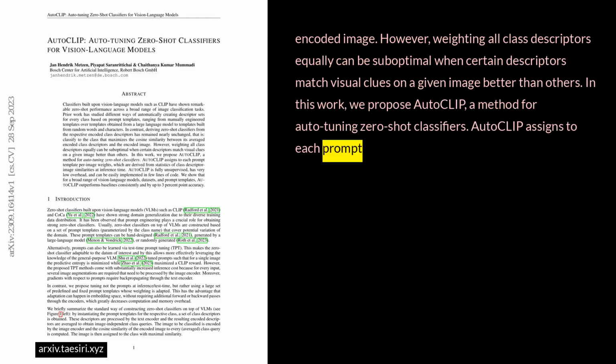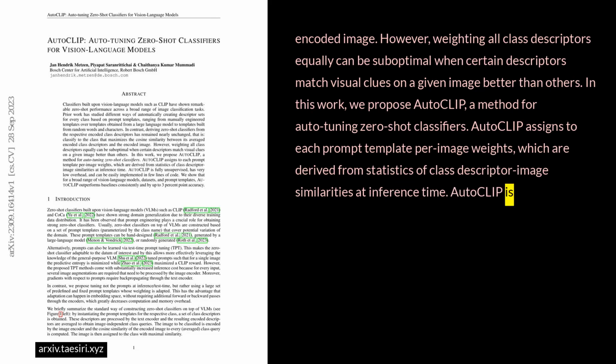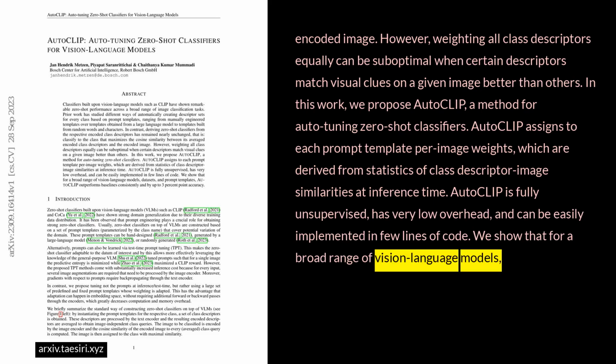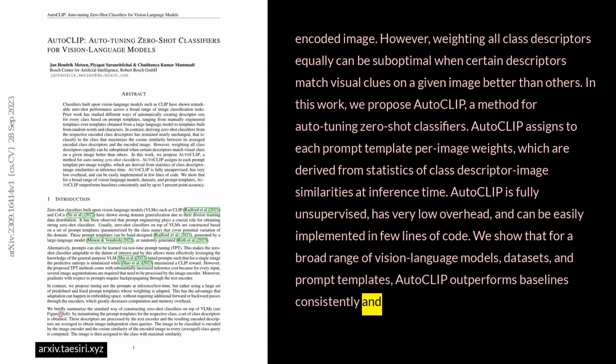AutoCLIP assigns to each prompt template per image weights, which are derived from statistics of class descriptor image similarities at inference time. AutoCLIP is fully unsupervised, has very low overhead, and can be easily implemented in few lines of code. We show that for a broad range of vision language models, datasets, and prompt templates, AutoCLIP outperforms baselines consistently and by up to 3% point accuracy.